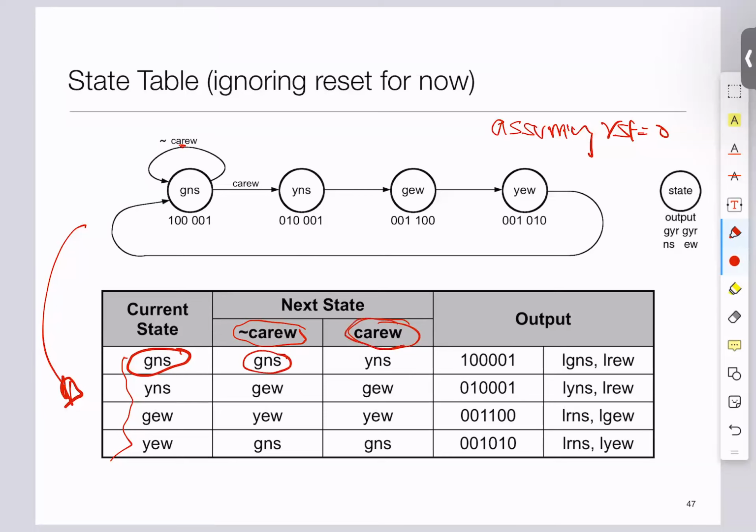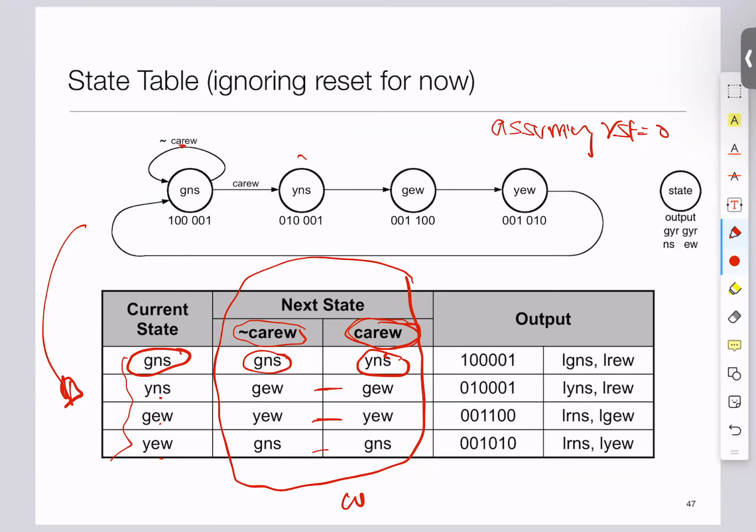If on the other hand, car east-west is true, then I move to YNS, which is this state. In YNS, GEW and YEW, I don't care about car east-west. So here you see these pairs are the same. So this is my omega function, right? It's basically telling me, given the current state, what next state to move to. It's the next state logic.